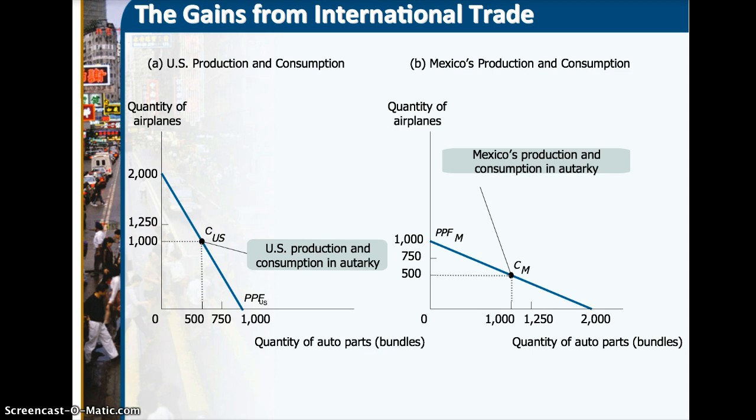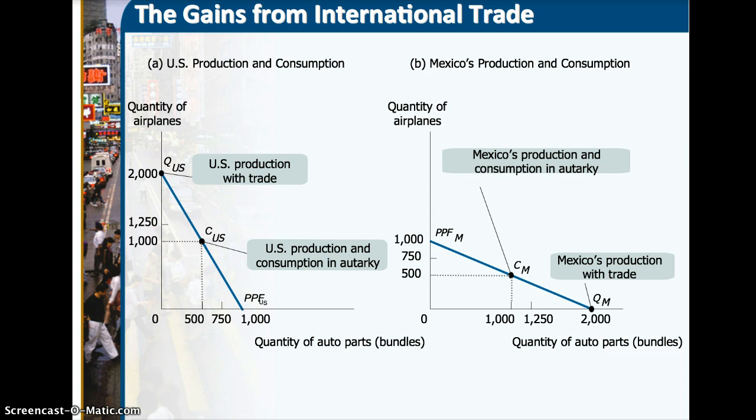The United States produces at QUS and Mexico produces at QM. Total world production of airplanes has risen from 1,500 to 2,000 and auto parts from 1,500 bundles to 2,000 bundles.